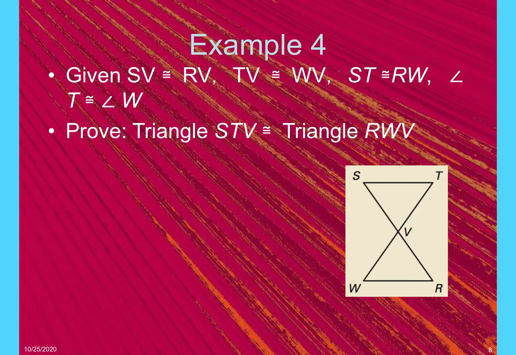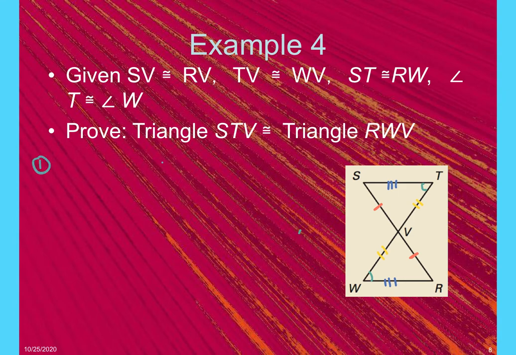And the last question is that proof. So given SV is congruent to RV, TV is congruent to WV, and ST is congruent to RW, and angle T is congruent to angle W, prove the triangles are congruent.